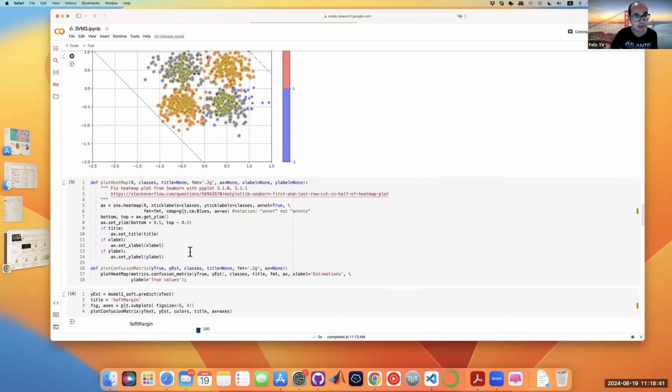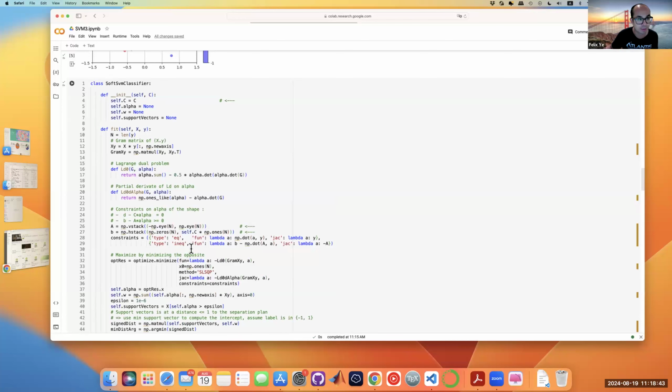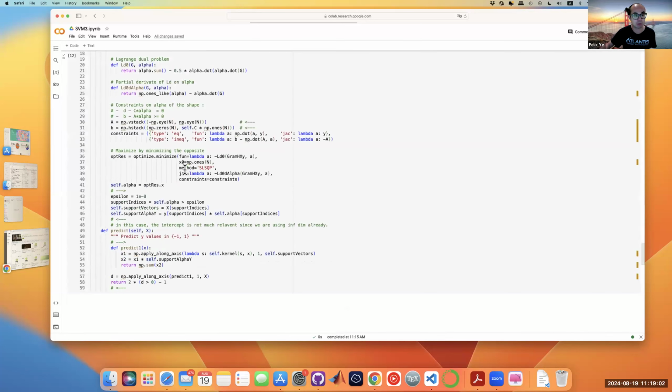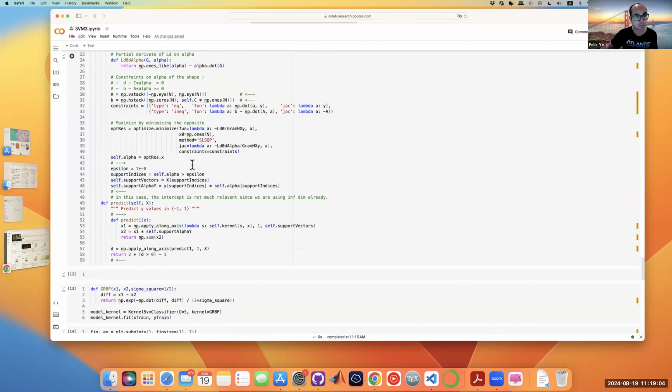As a comparison with the soft margin SVM, you can see this is my x times y, and this is my Gram matrix, which is xy times xy transpose. But in this case, my Gram matrix will be much more complicated.